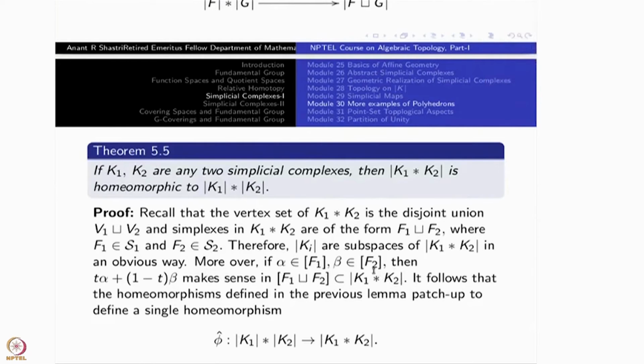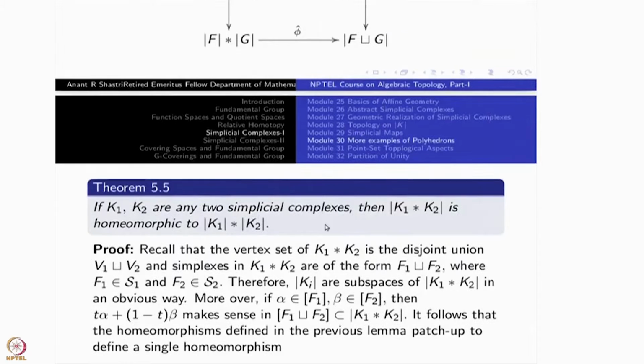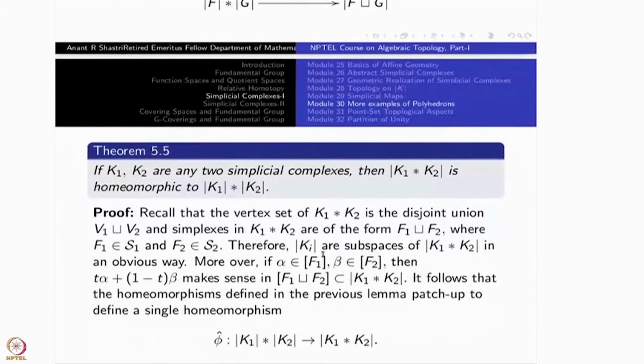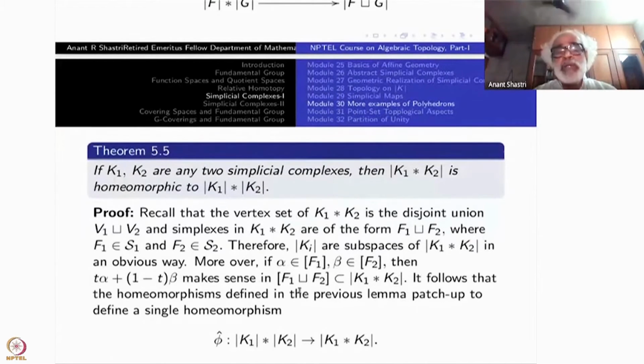Therefore, the same formula that we have done will work here also, locally, for each F1 and each F2 in a smaller one. And when you pass from the smaller one to the larger one, the formula on the smaller one doesn't change. They are compatible. So that's what we have noticed here.